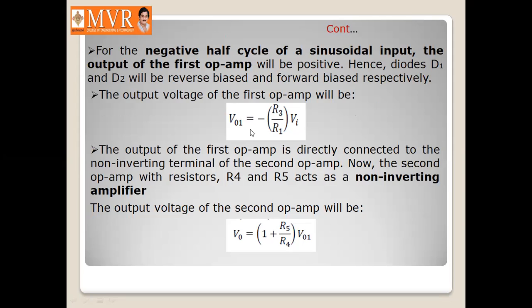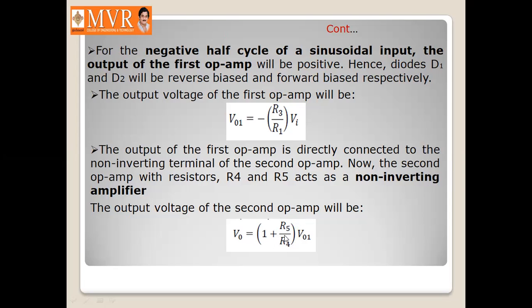But coming to the second op amp, it is going to act as a non-inverting amplifier, and hence the output of the second op amp is equal to, as we know, the gain of a non-inverting amplifier, V naught by Vi is equal to 1 plus Rf by R1.